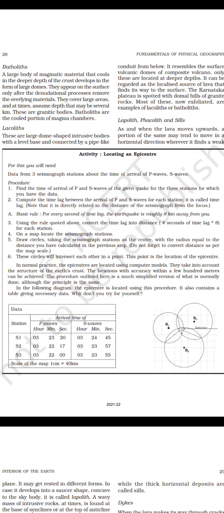S waves 3 hours 23 minutes 57 seconds. S3 P waves 3 hours 22 minutes 0 seconds. S waves 3 hours 23 minutes 55 seconds. Scale of the map: 1 centimeter is equal to 40 kilometers.